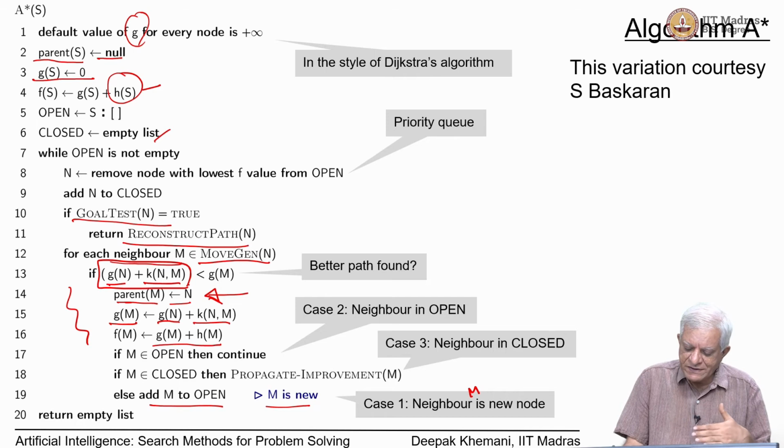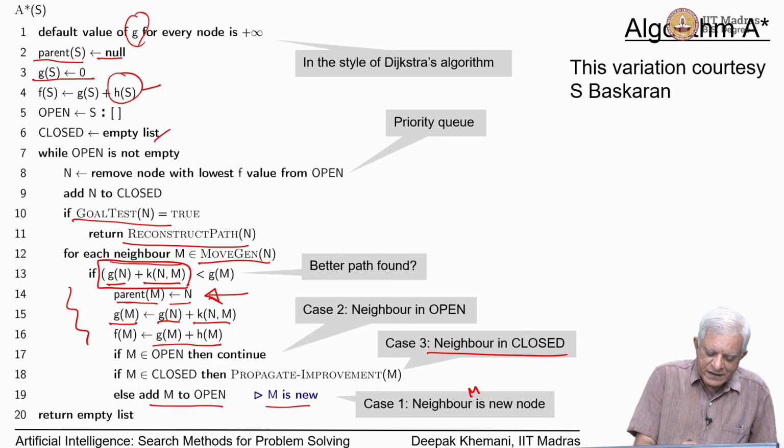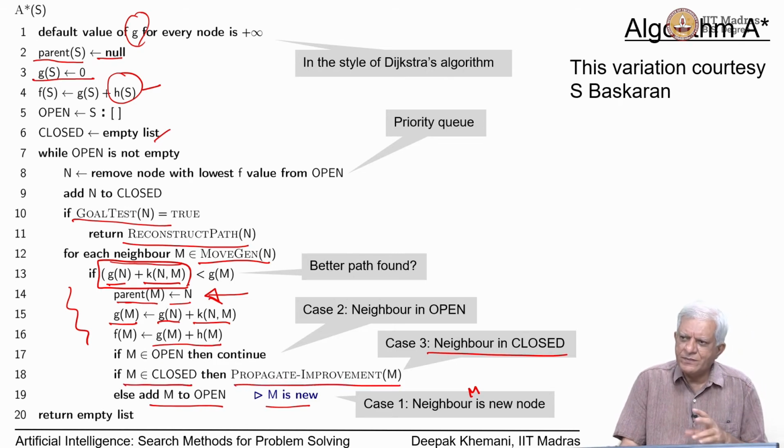That is the third case which is there in A star, which was not there in Dijkstra's algorithm. That means the node is on closed, and if m is on closed, then we will need to propagate this improved cost to the children of m, and we will see a small example which will illustrate this.